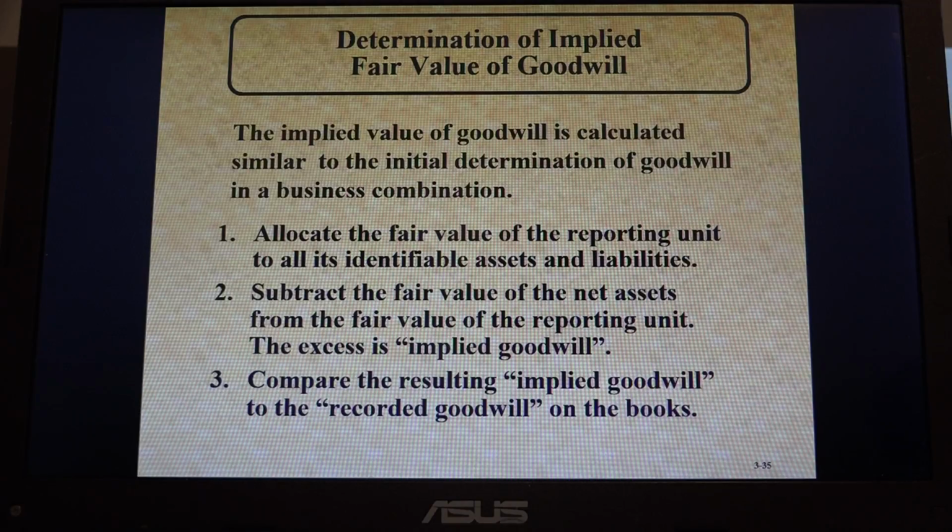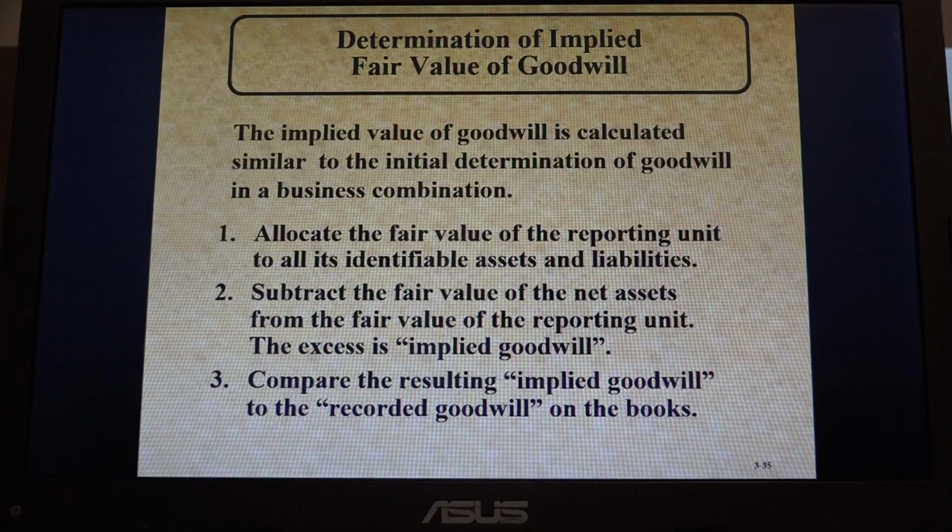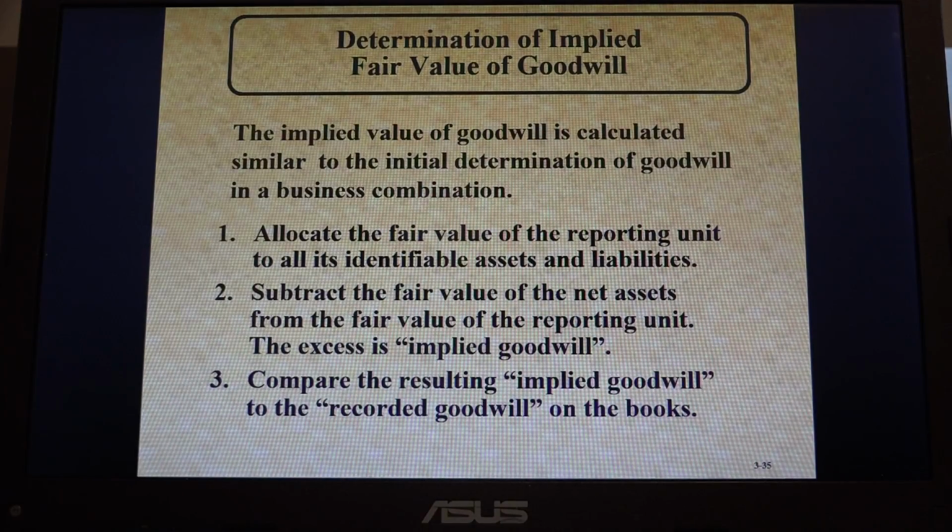what's on your books as goodwill. And so how do you do this? Well, it's just like the company did at the very beginning when it was trying to figure out whether or not there was any goodwill in the first place. They had to allocate the purchase price to the various fair values of assets and liabilities it was acquiring.